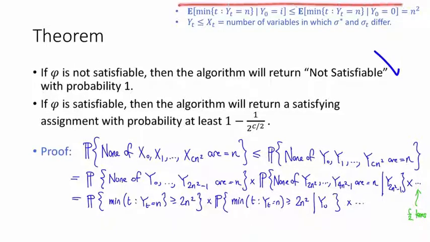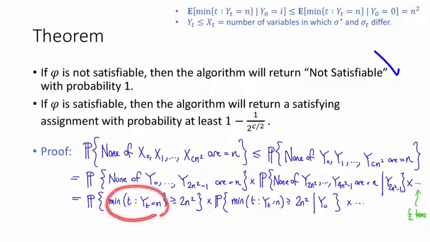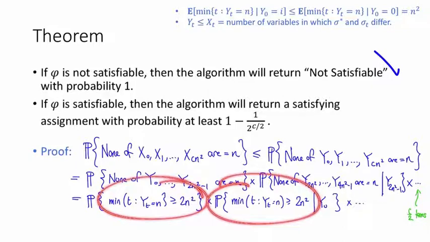And what we just showed here in our lemma is that the expectation of this random variable is n squared. And same for this one, and same for all of the ones in the dot dot dots. So the probability that it's greater than twice its expectation is, by Markov's inequality, at most a half. So that means that each of these terms is at most a half, and there's c over 2 terms.